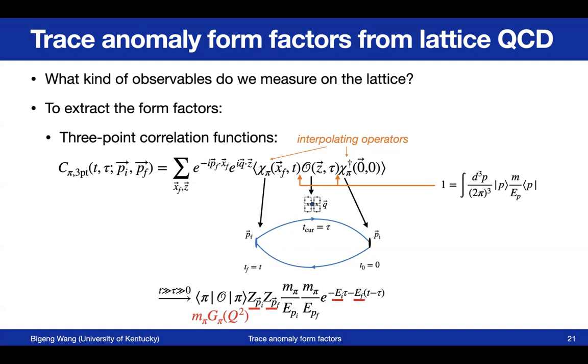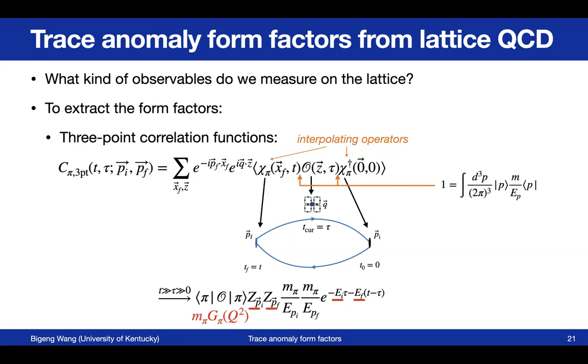But we also notice that in addition to the form factors we are going to calculate, there are other extra parameters, like the energies of the source ground state and the sink ground state, and also the overlap factor between the interpolating operator and the pion we are looking at.